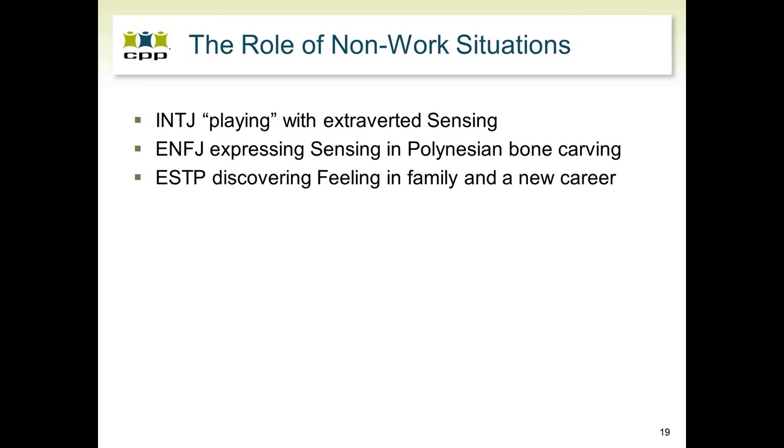His theme code on the Strong was RCA, realistic, conventional, artistic. And culinary arts, which is artistic, popped up along with athletics, nature, mechanics, and construction. He decided to take a cooking class at the local community college, and then another one, and now he's completing a certificate in culinary arts.